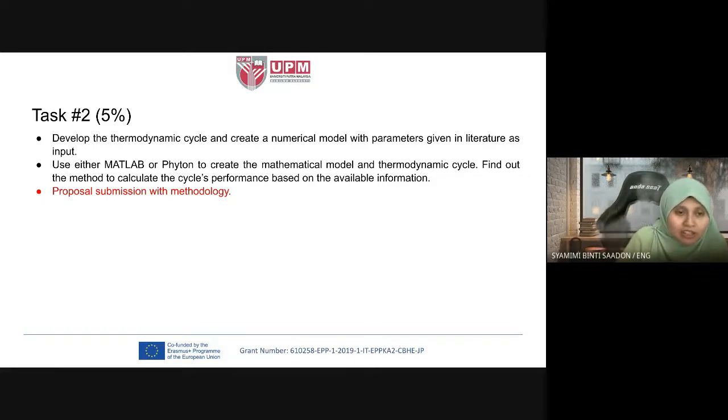Use it to create the mathematical model, and from there you can calculate the performance of the cycle: the thermal efficiency, the power, etc. But write the mathematical model in the report, include it in the report, and then create that mathematical model in the software, MATLAB.